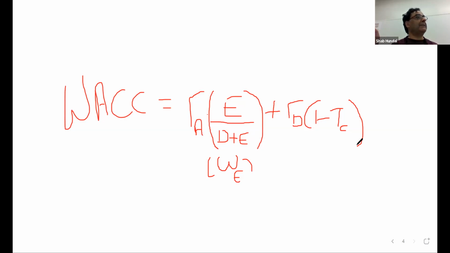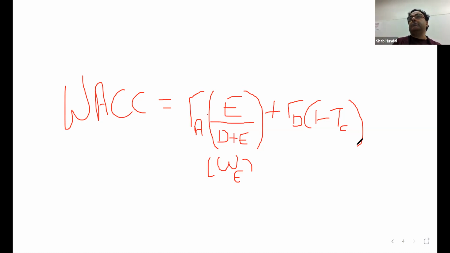So if you pay 5% rate of interest on debt and you pay 25% corporate tax rate, basically you are only paying 75% of 5%, because the tax you pay only falls on the equity income, not on the debt income.